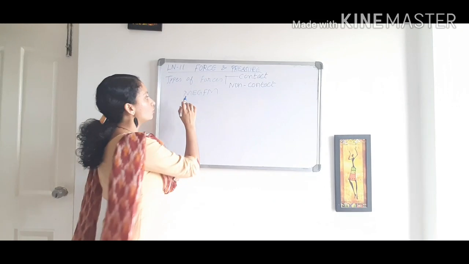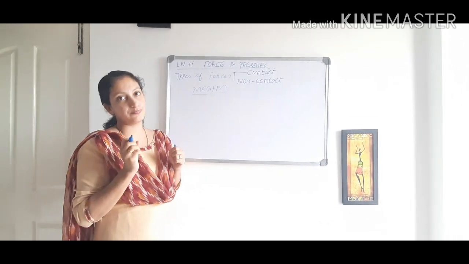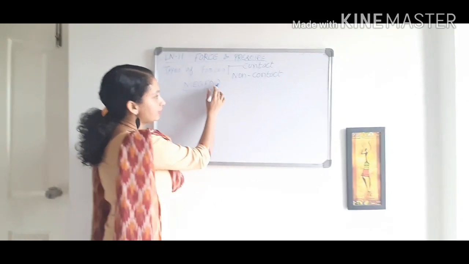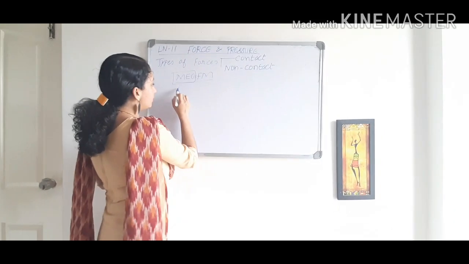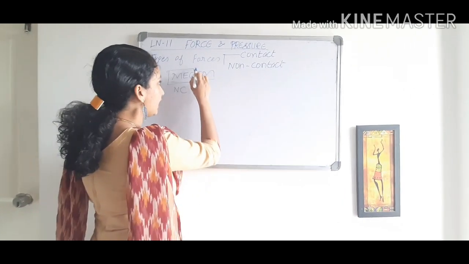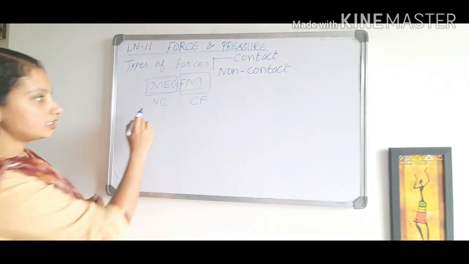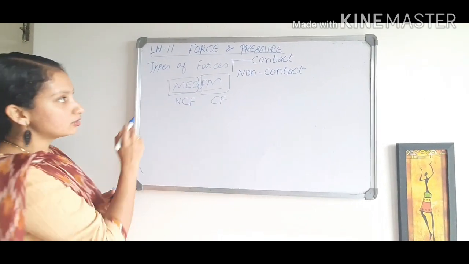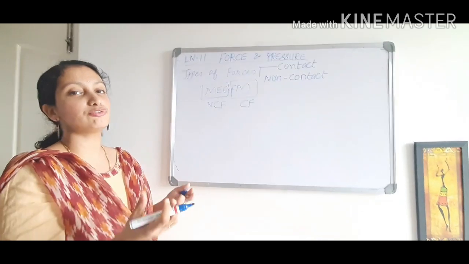I made a code to remember the names of these forces: MEC, FM. MEC comes under non-contact forces. FM comes under contact forces. By the first letter you can easily remember the name of the force.